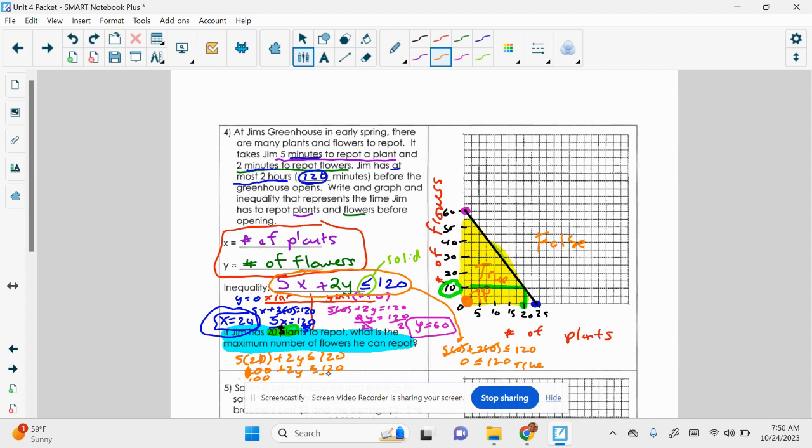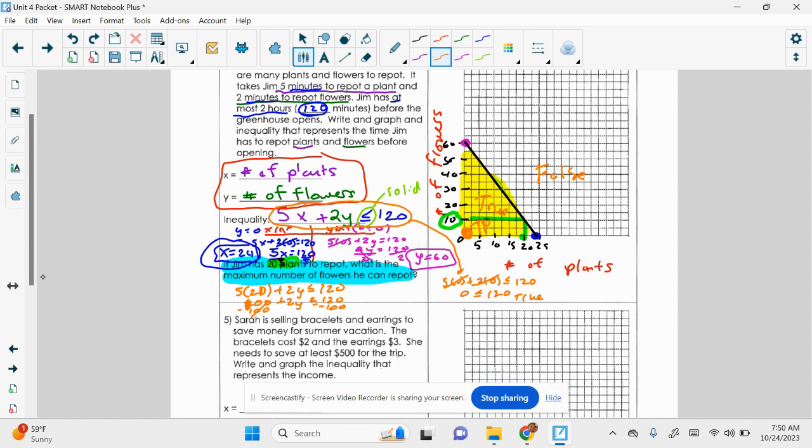Subtract 100, and what you're going to end up getting, I'm running out of space, all right, is 2y is less than or equal to 20. Divide by 2, and you get y is less than or equal to 10. So the answer, like we could see here, is 10. So we can say 10 flowers is your maximum. All right, and I checked it both from my graph and from my equation.